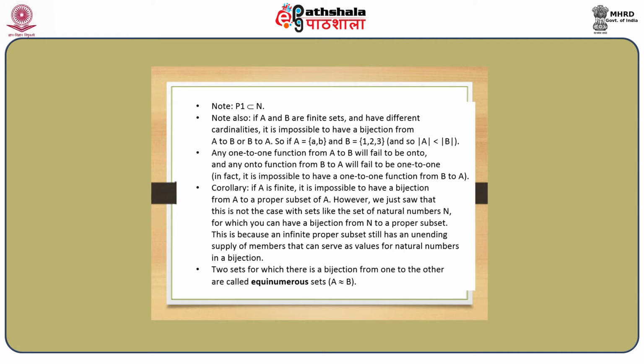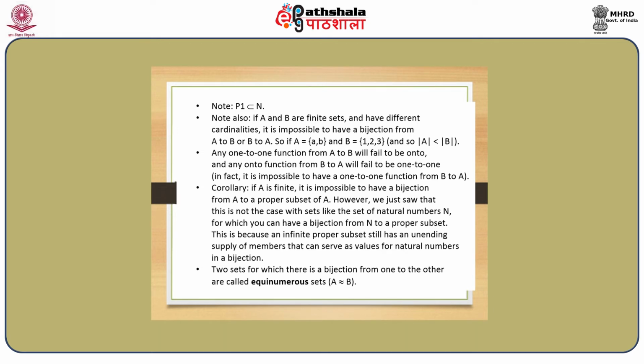Okay? In fact, it's impossible to have a 1-to-1 function from B to A. One corollary of this fact is that if A is finite, it is impossible to have a bijection from A to a proper subset of A.